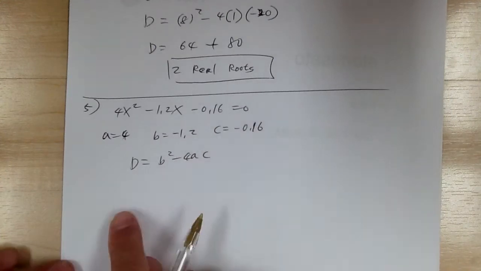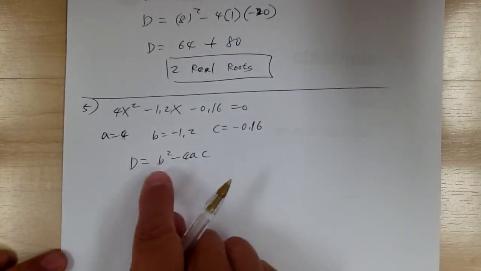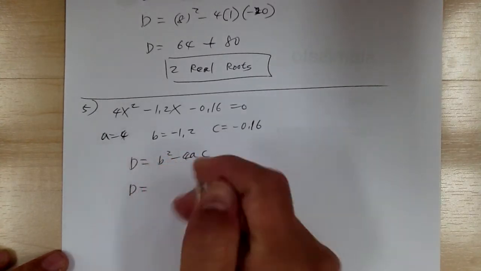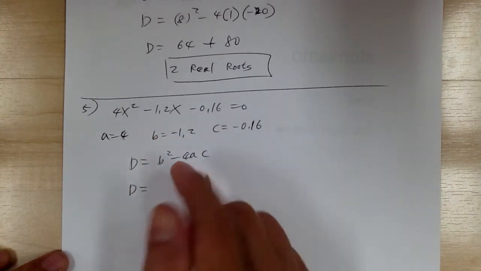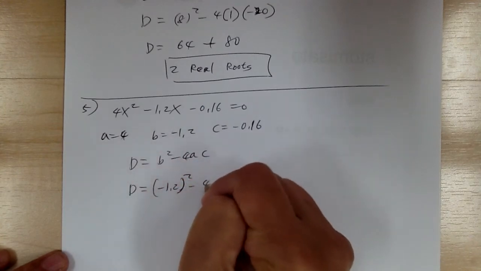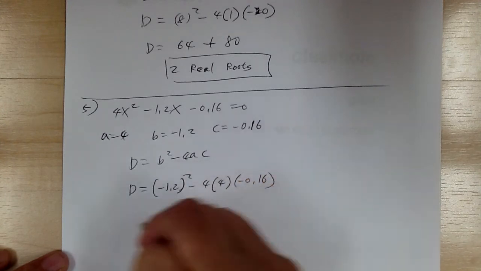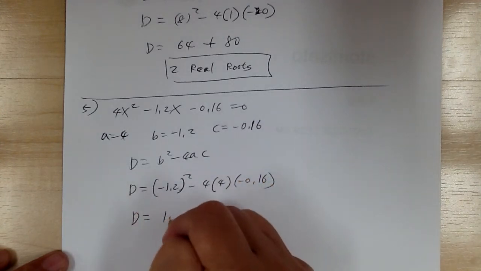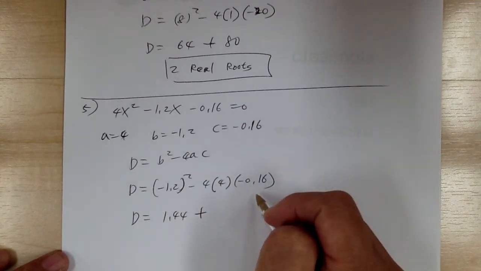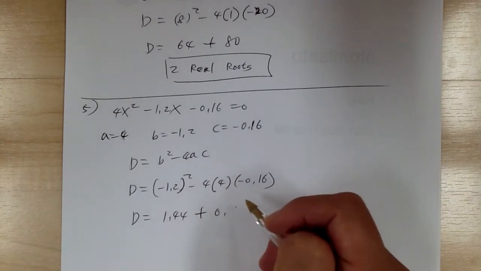Now it's always good to write down your formula so that the readers can see what equation you are using. Plus, by writing it down, it helps you to substitute correctly. So d equal to 1.44, and this is going to be plus 16.